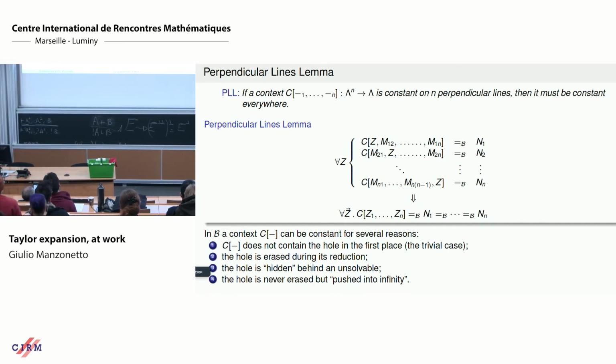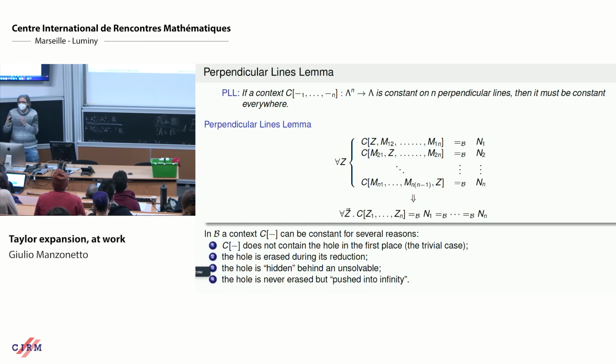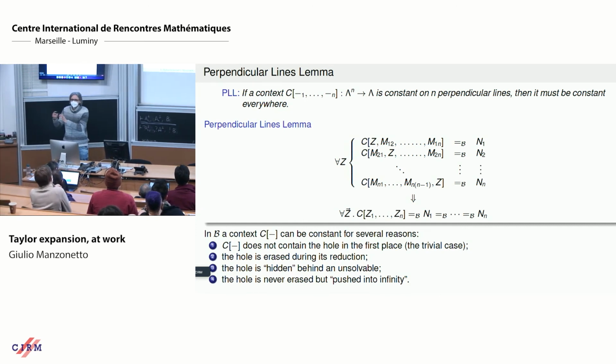But there are other possibilities. The hole could be hidden behind an unsolvable, omega. The hole never appears in the tree, because omega is unsolvable and everything gets eaten by this unsolvable. But there is also the situation that the hole is always there in the tree, but it never appears in the final position, and so it gets pushed to infinity. It is there at every finite step, but it does not appear in the end.